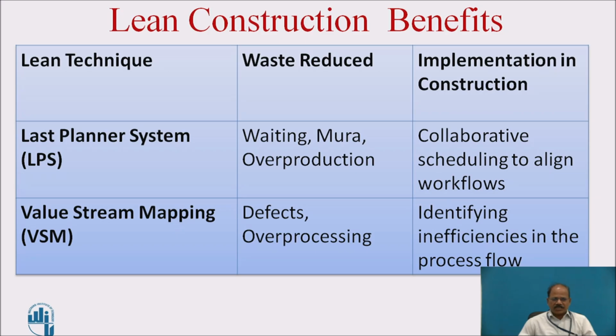The other tool is value stream mapping, which reduces the wastages in defects or overprocessing, while in the construction industry we can easily find its application in identifying inefficiencies in the process flow.